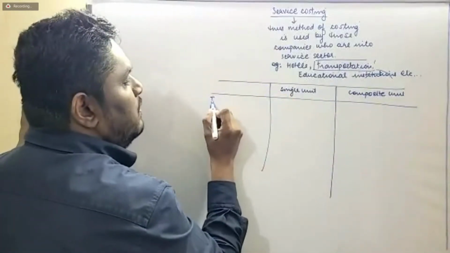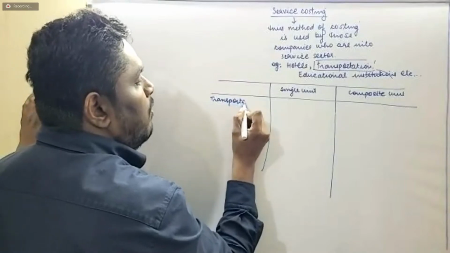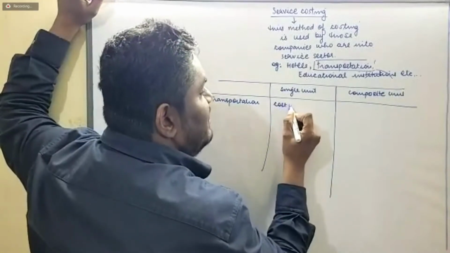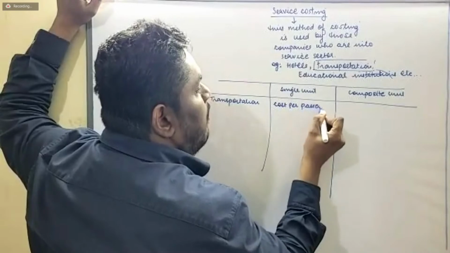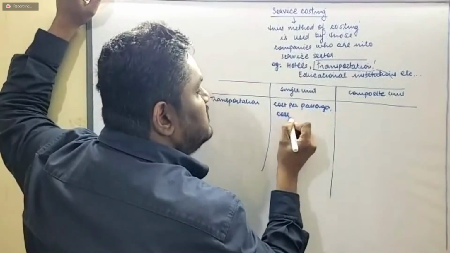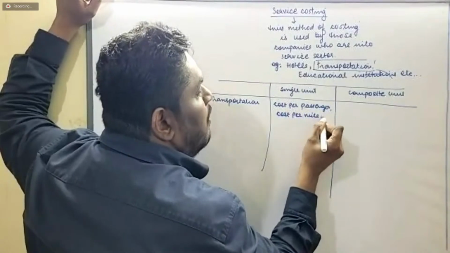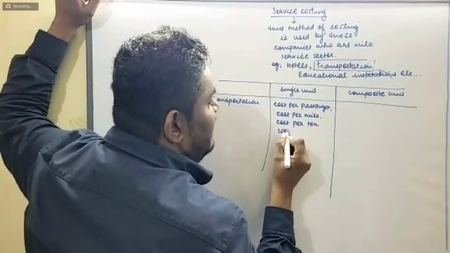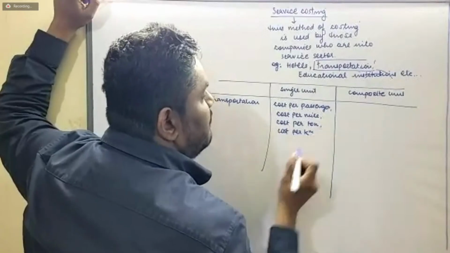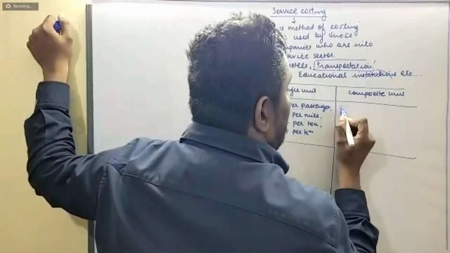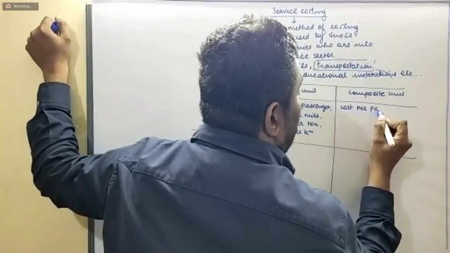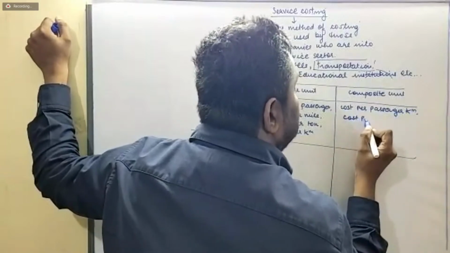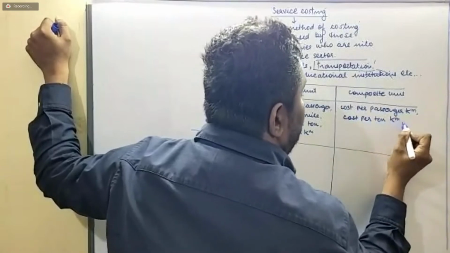So when talking about transportation industry, single unit can be cost per passenger, or it can be cost per mile, cost per ton, cost per kilometers, and in composite unit, cost per passenger kilometer, cost per ton kilometer, etc.